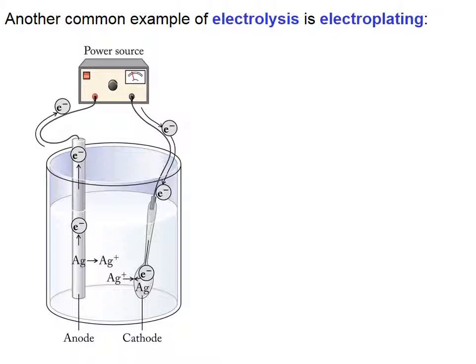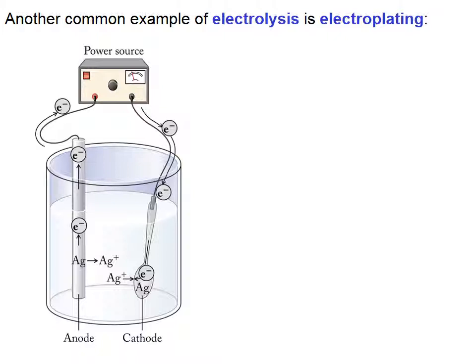Alright, so another common example is electroplating. So here we've got an anode, and at our anode, silver is being oxidized to silver plus. And then we've got a cathode, which is our spoon that we want to coat in silver, and at our cathode, silver ions are being reduced to silver.